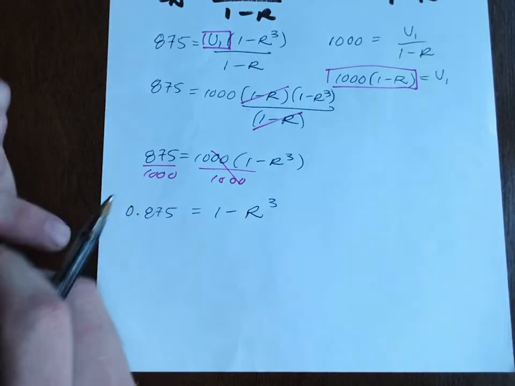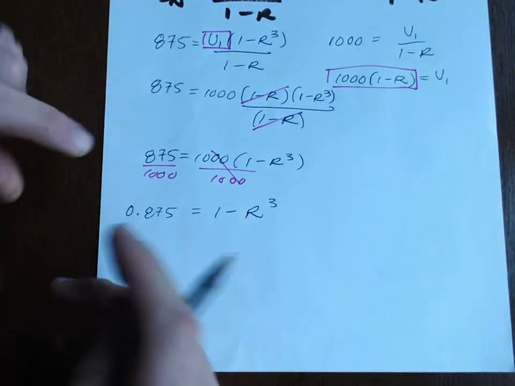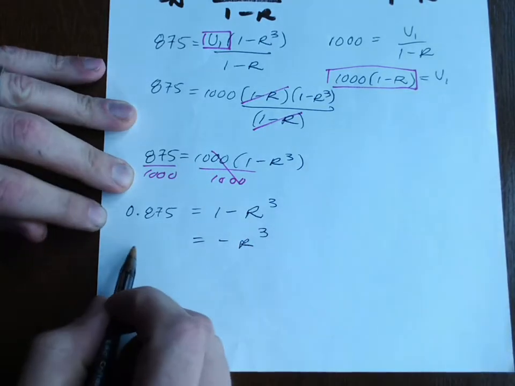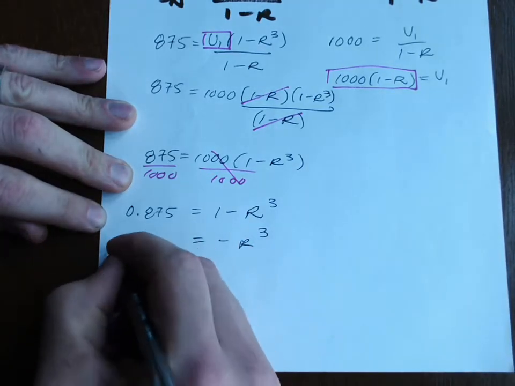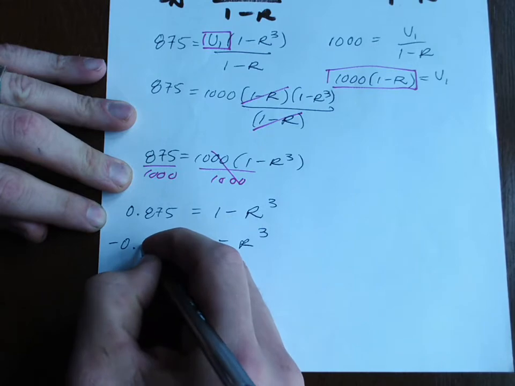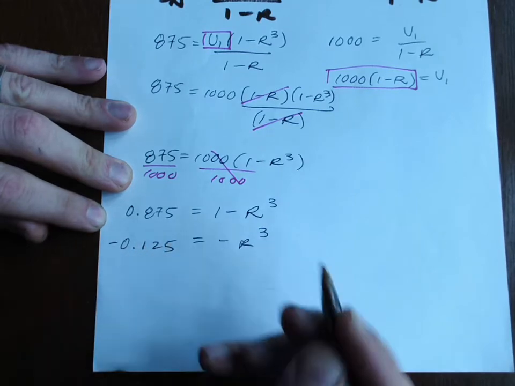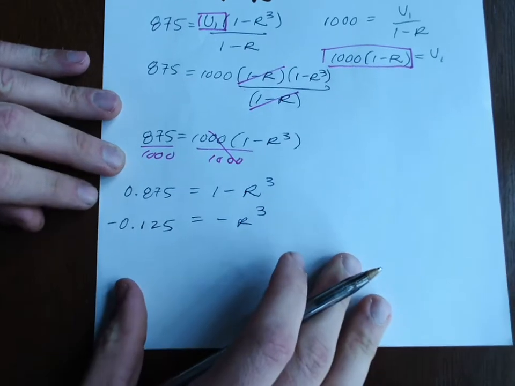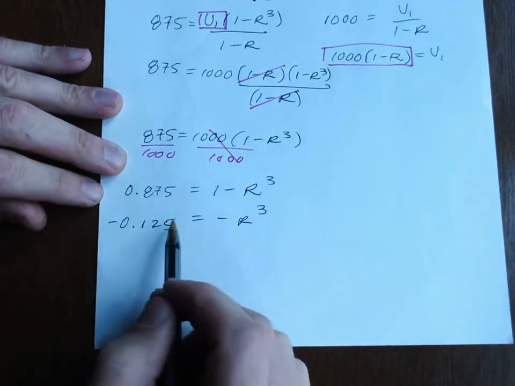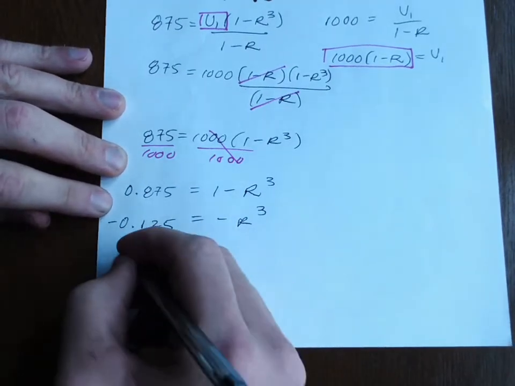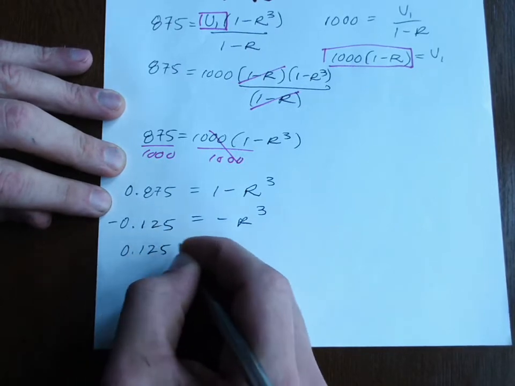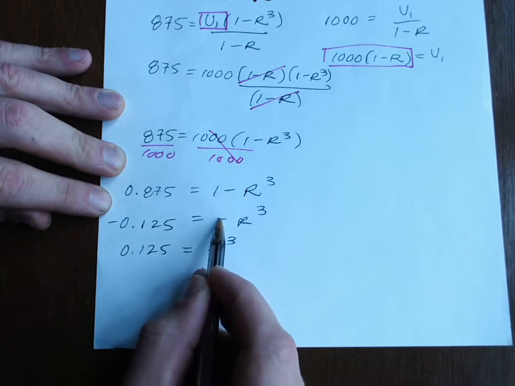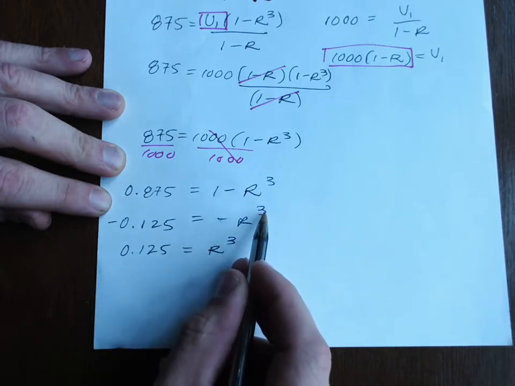And if we subtract 1 from both sides, that would leave us with a negative r cubed on this side, and then a negative 0.125 over on this side. And now both sides are negative, and so you can multiply both sides by -1, or divide both sides by -1, or just cancel the negatives from both sides. This negative sign is not to the power of 3.